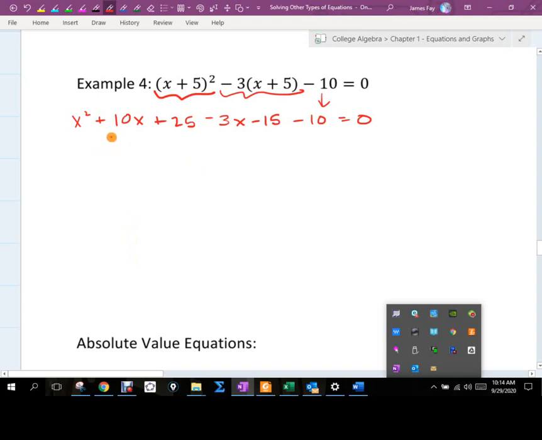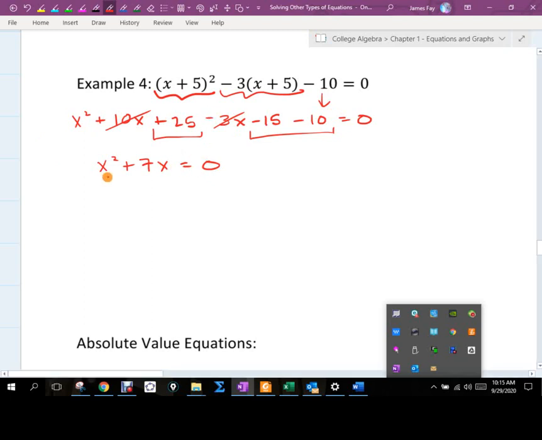Can I then rewrite this as, so we've got the 10x and the negative 3x, it gives me 7x. And this one, just because of the way the numbers worked out, is kind of convenient because those go away. Positive 25 and negative 10 give me negative 25? Sorry, positive 25 and negative 15 and negative 10 cancel, leaving 0. So x squared plus 7x equals 0. That introduces an equation that is quadratic, but it doesn't have a c term, right?